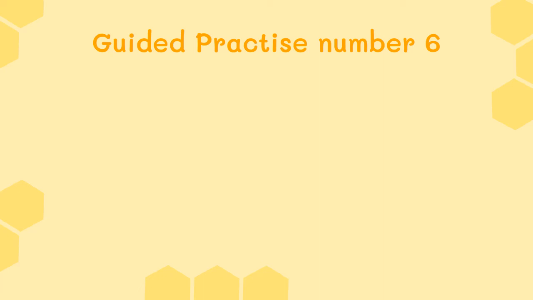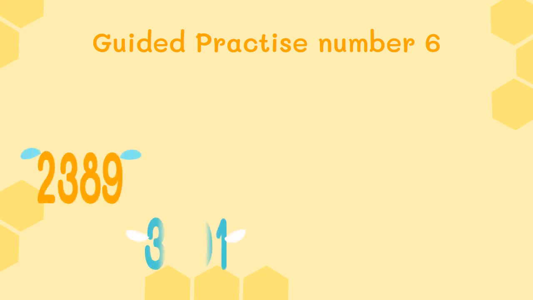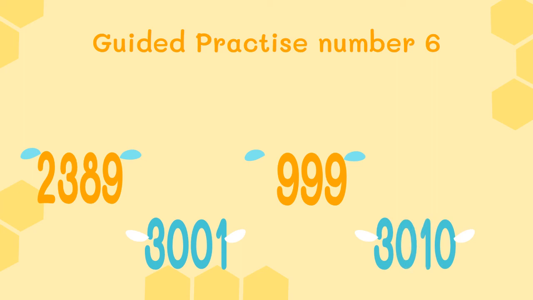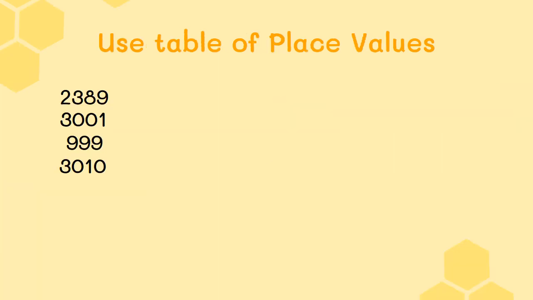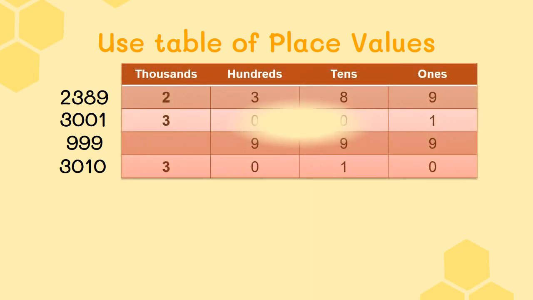Guided practice number 6. We still have 4 numbers here, but the question is not asking about the smallest or the greatest, arrange from smallest to greatest. Now we must find who is the smallest. It will be the first number, okay? Use table of place values again.